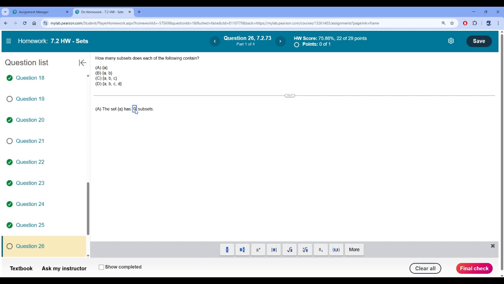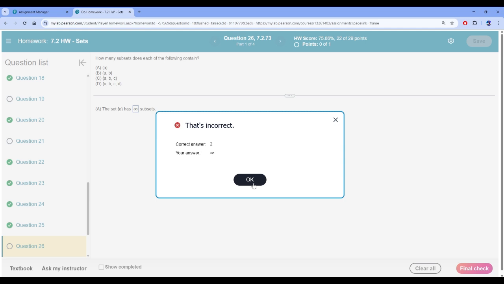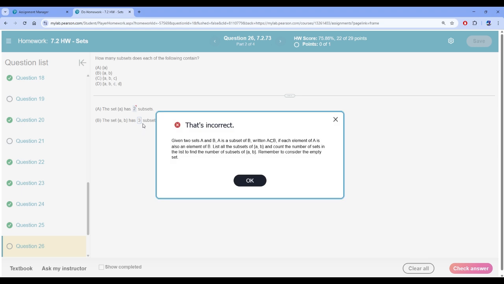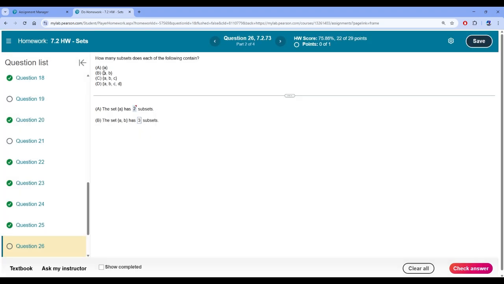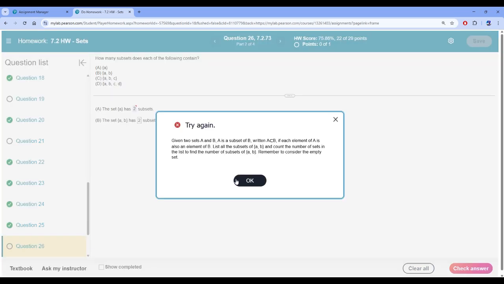The set has how many subsets? Infinite? Can I go infinite? 2. Why is it? Oh, because it's A, so then this one would be 3. No, this was 4. Let me try 2 again. I think it's maybe 4.